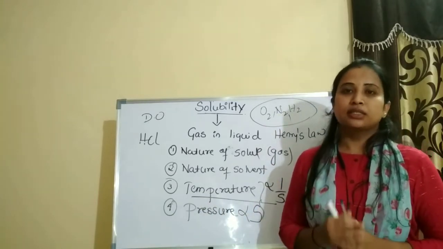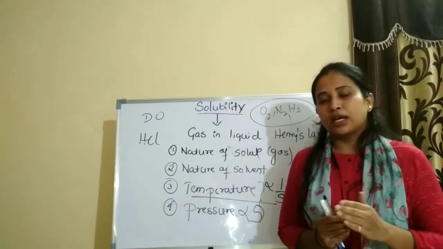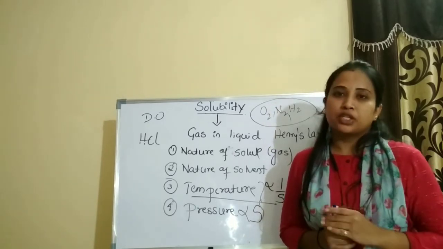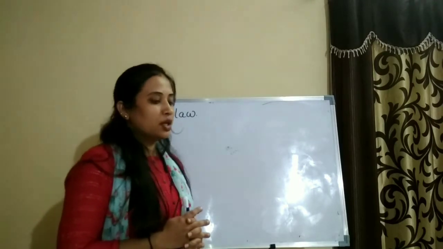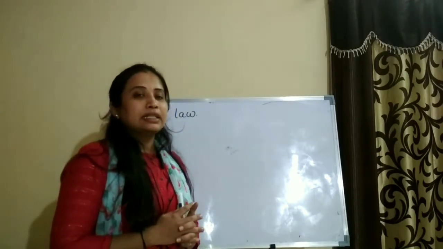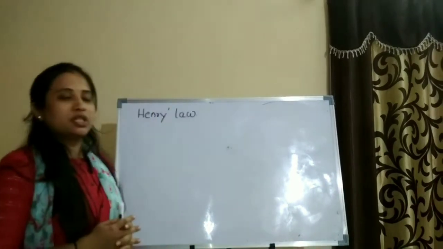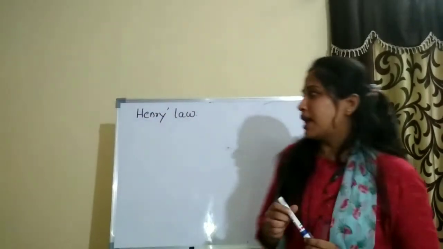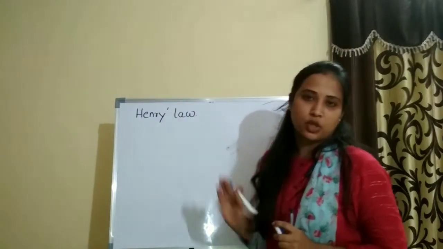So let us learn about Henry's law, Henry's constant and the significance or application. As I told, the relationship between the pressure and the solubility of a gas in a liquid was explained by the scientist known as Henry.